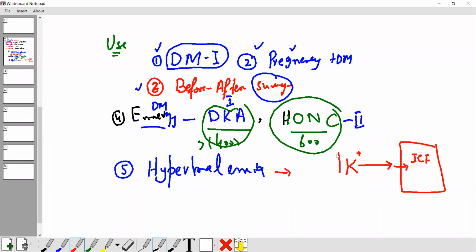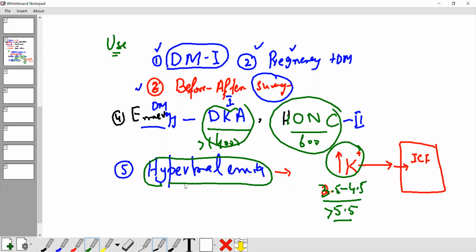So if the outside potassium level is high, insulin can bring it down to the normal range, 3.5 to 4.5. If the potassium level is 5.5, it's hyperkalemia, exceeding the maximum limit of 4.5. Hyperkalemia, high potassium, is cardiotoxic, so we also need urgent management.